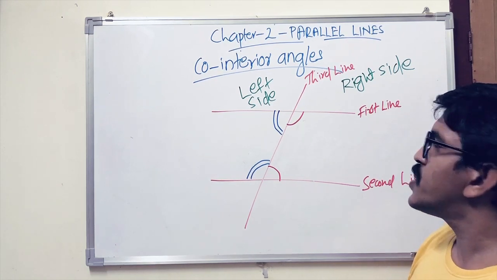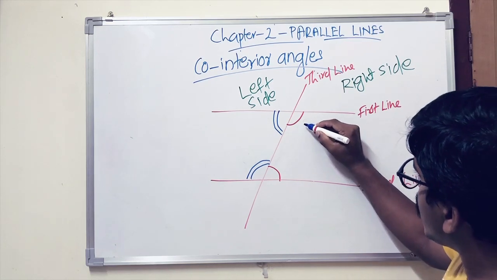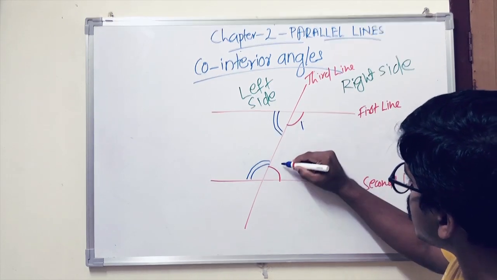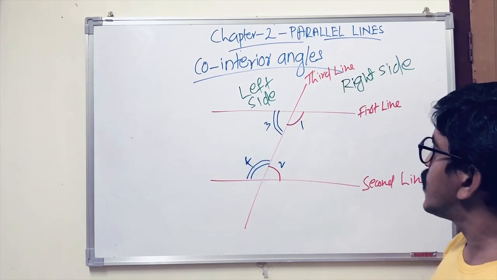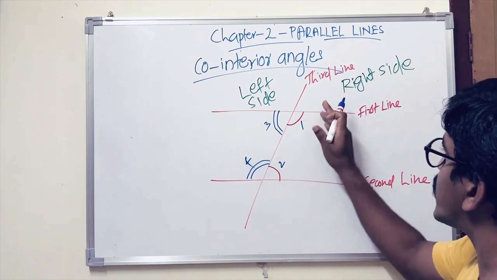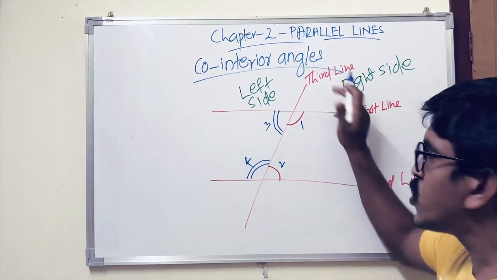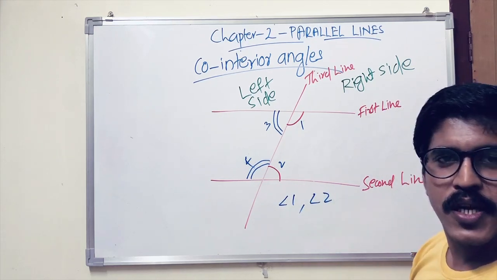We can check the co-interior angle from this figure. See here, you can see the interior angles 1, 2, 3 and 4. In that, here you can see angle 1 and angle 2 are in the same side on the third line. So angle 1 and angle 2 are co-interior angles.